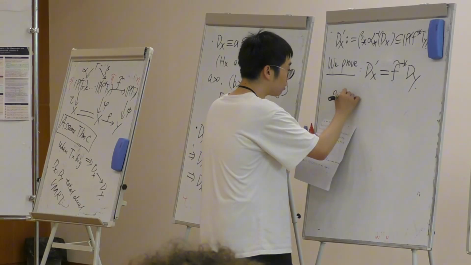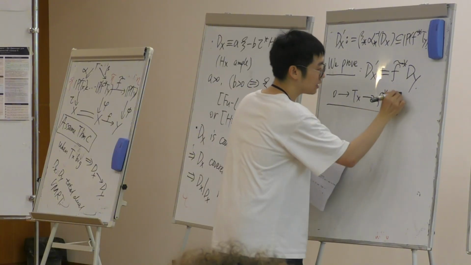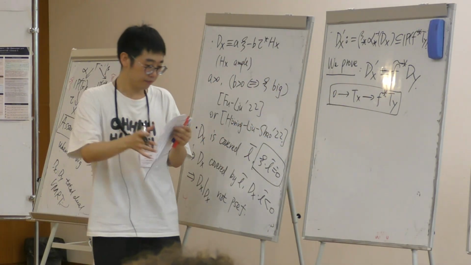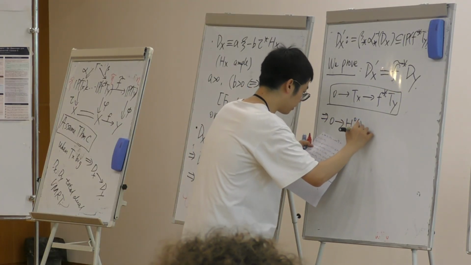So we have this 0 to tx to f pullback ty. As I just explained, we have this injection, so we have the injection of the global sections.